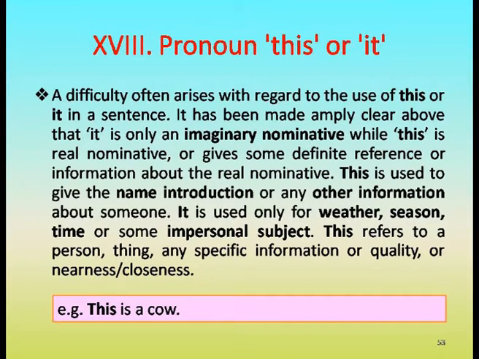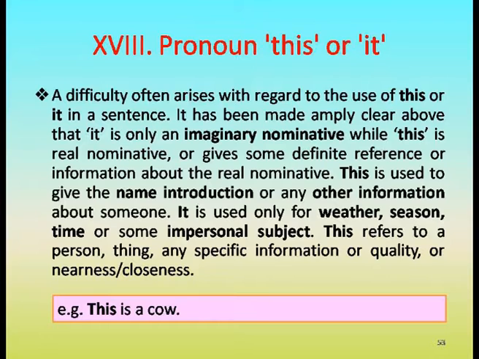Pronoun this or it. A difficulty often arises with regard to the use of this or it in a sentence. It has been made amply clear above that it is only an imaginary nominative, while this is the real nominative, or gives some definite reference or information about the real nominative.